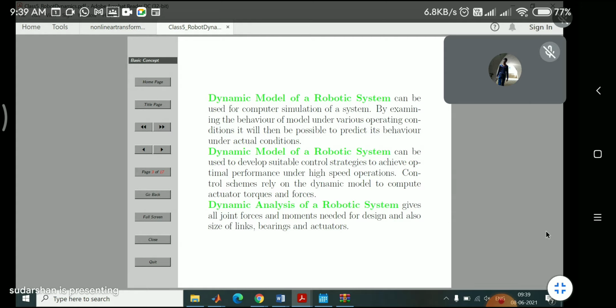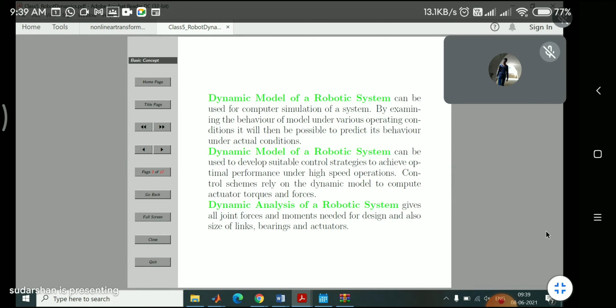The third advantage is, if you have the mathematical model, we will understand the amount of force and moment, moment of inertia, required, and once we know this, we can appropriately do the mechanical design also.